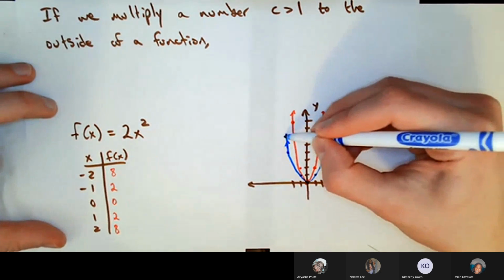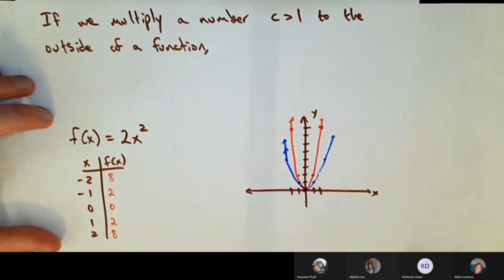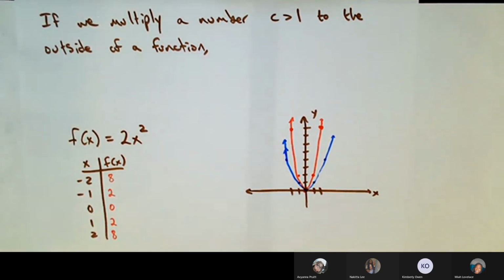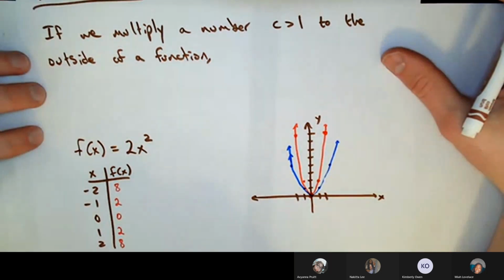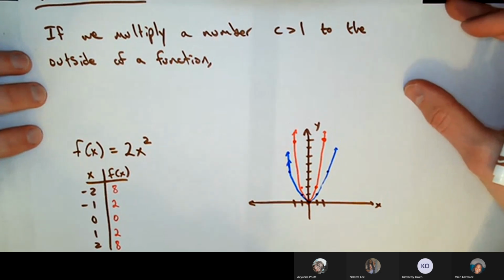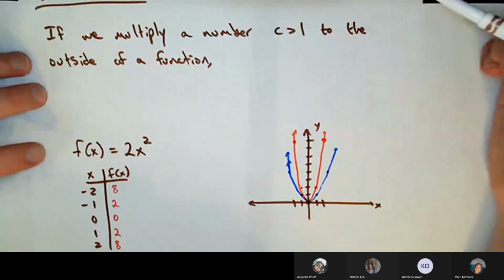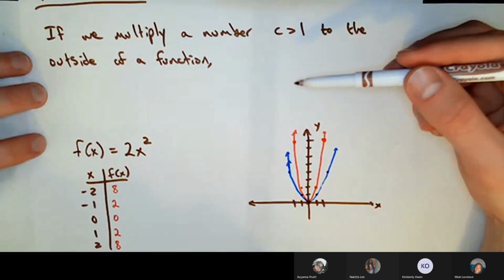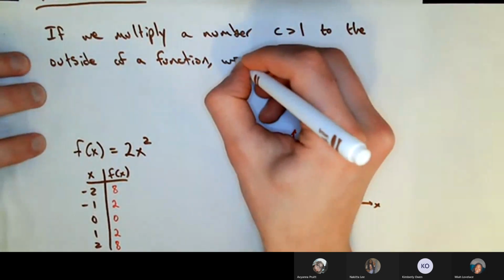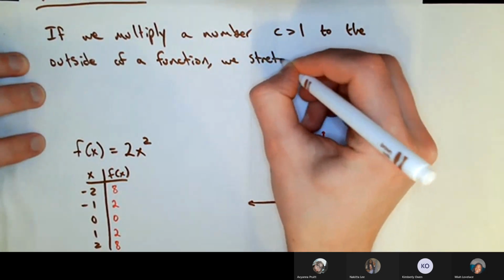It would look more like this. Okay. So what's happening here? This is just one example, but I'm using that to define the entire rule because it's going to work for all the functions. If we multiply a number bigger than 1 to the outside of a function, we stretch the function vertically.